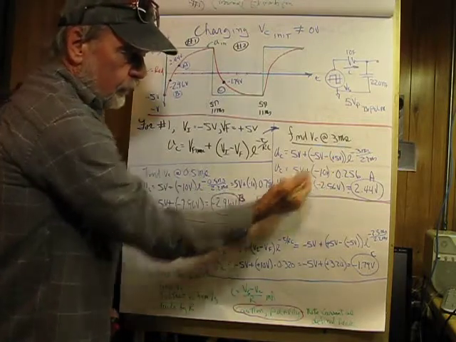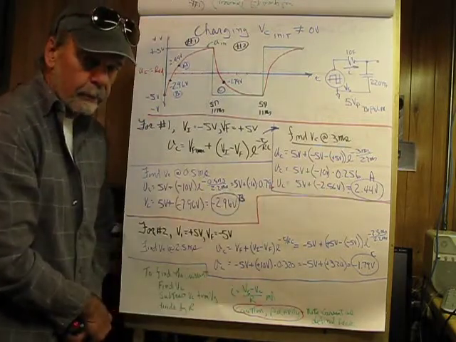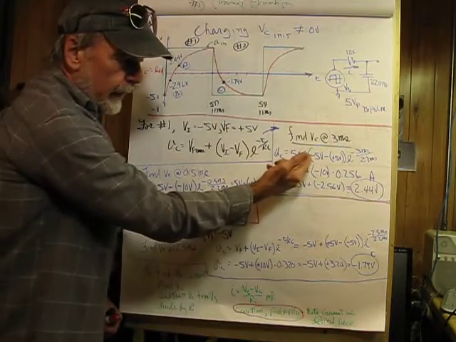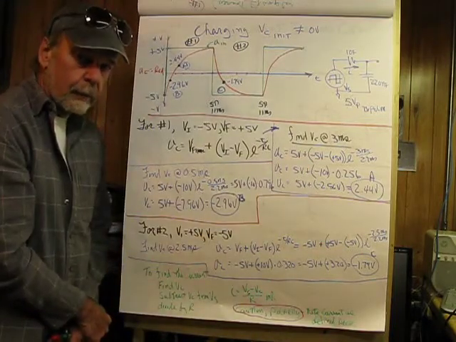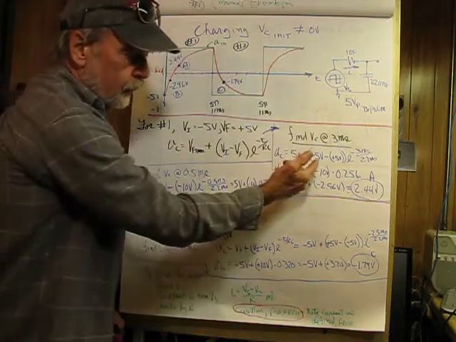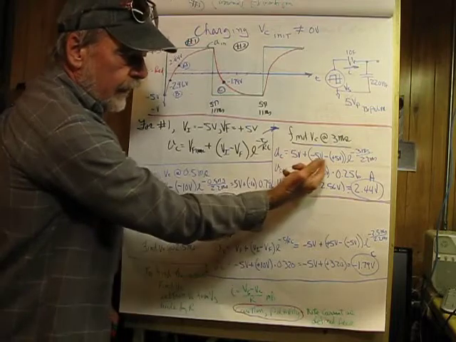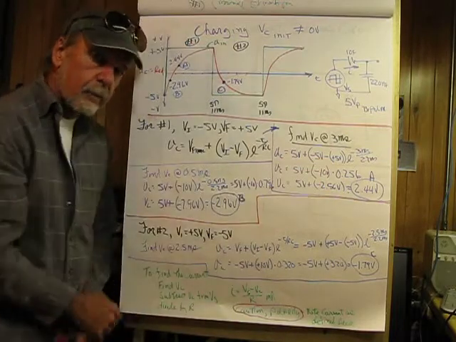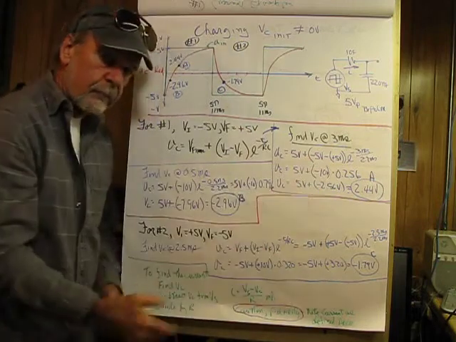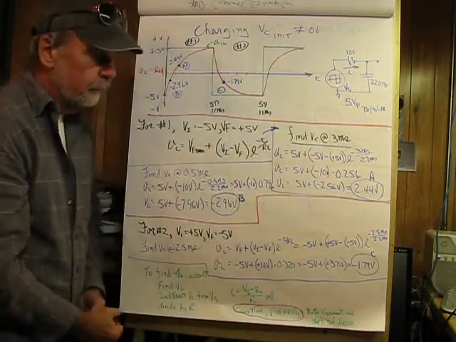This plus sign is called a unary operator. It's telling us the sign of 5 volts. This negative sign is a unary operator, which means it's only working on one term. It's telling us the sign of this voltage, and this is a subtract. That's a binary operator. It's sitting between two terms, so that's an action to be done.